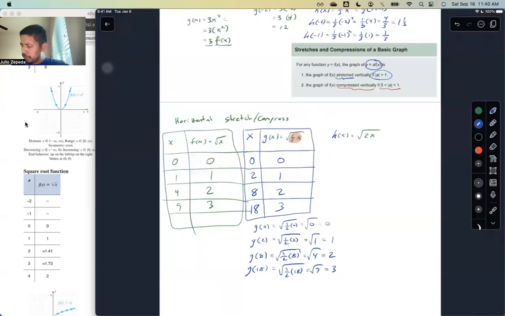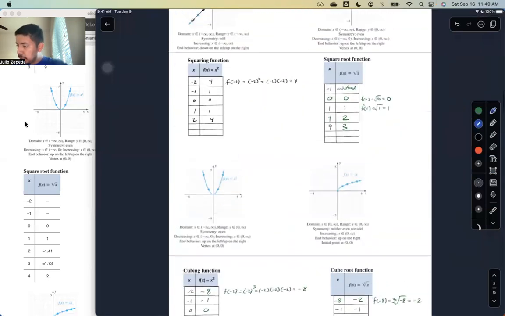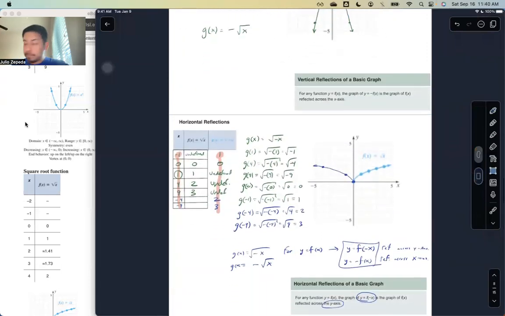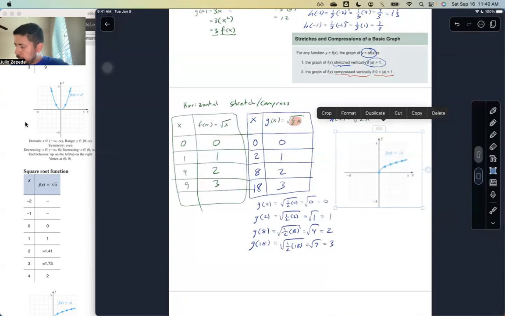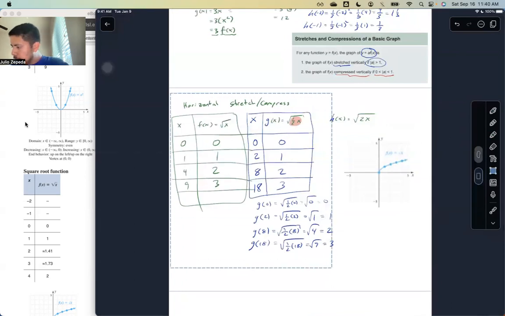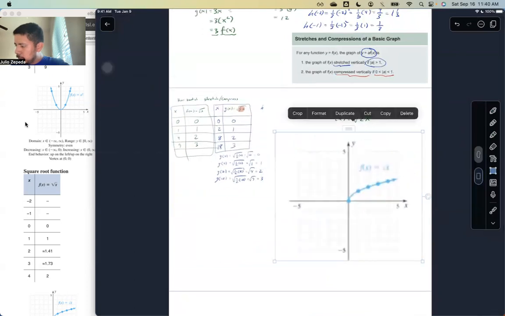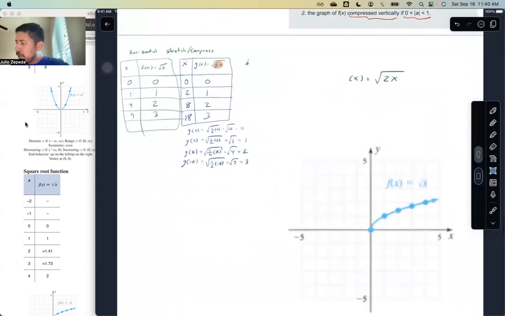Now let's take a look at what that graph looks like before we do the next one. Let's go ahead and take a look at the graph. That's the square root of x. Okay, and so the points, I'll graph whatever I can.